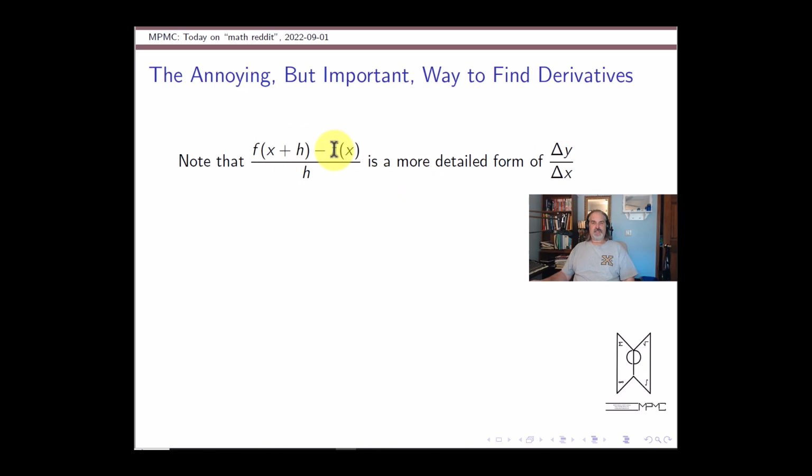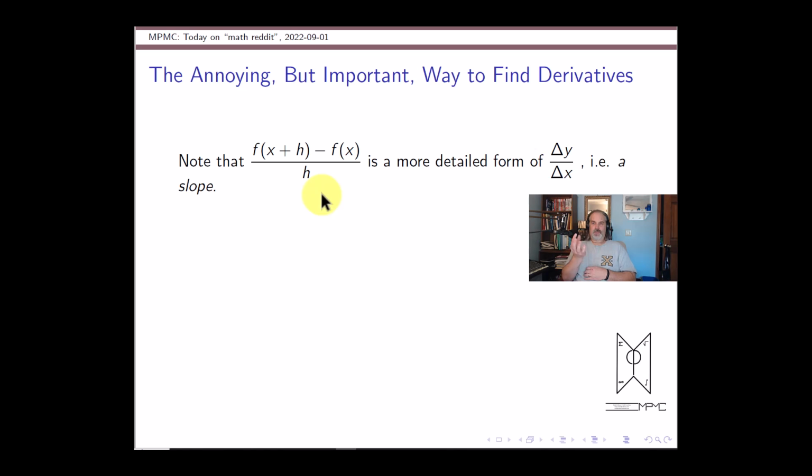So this is just the difference between two adjacent functional values on this graph. So delta y over delta x. H will make more sense when I show you a picture in a minute. But if you understand that f of x plus h minus f of x is certainly a delta y, then you're halfway there. Okay, what this thing is, it's measuring a slope.